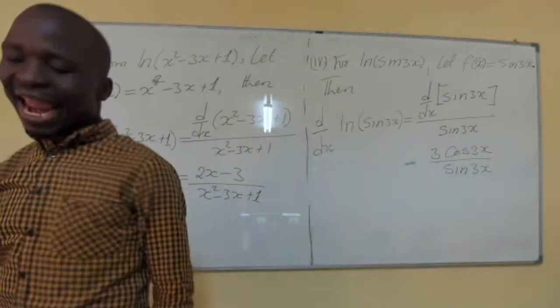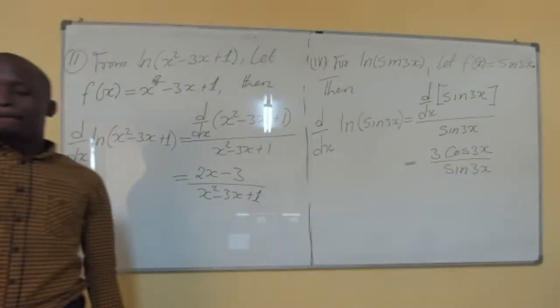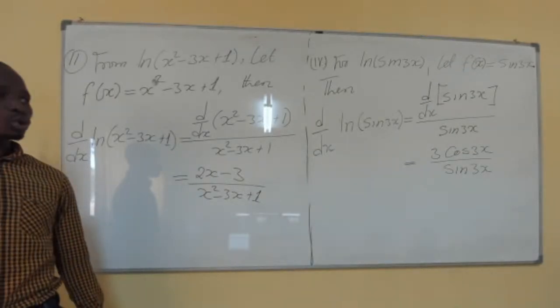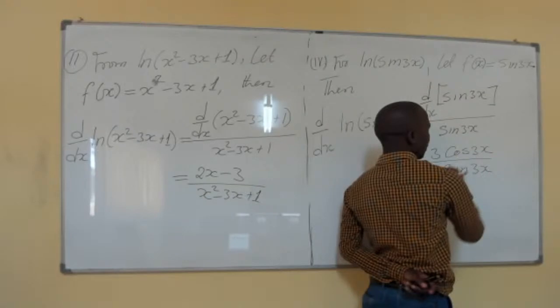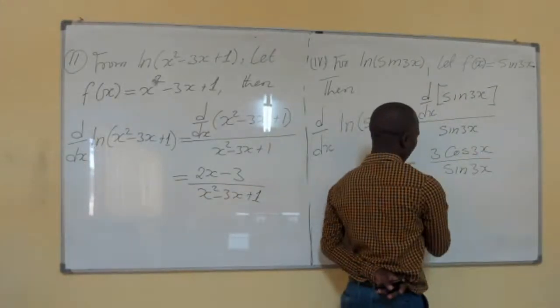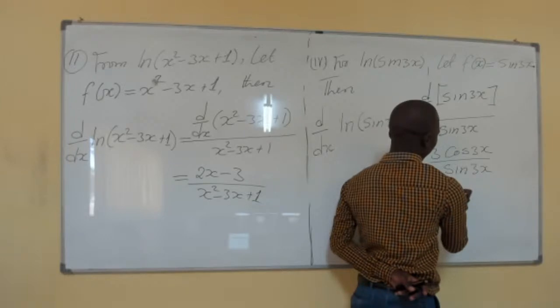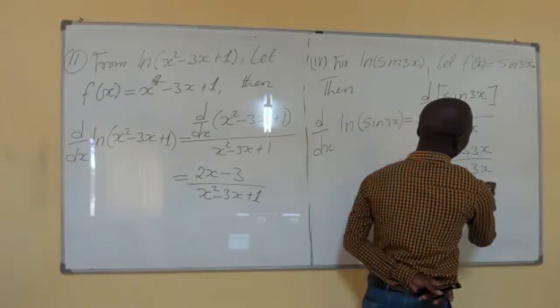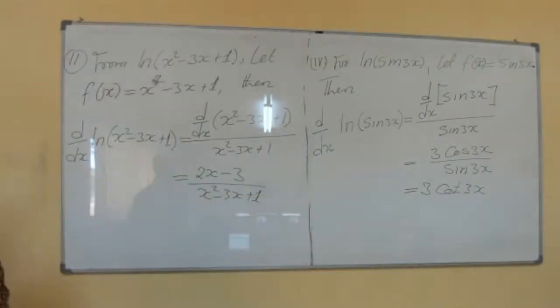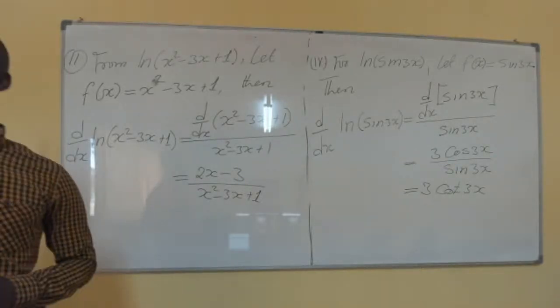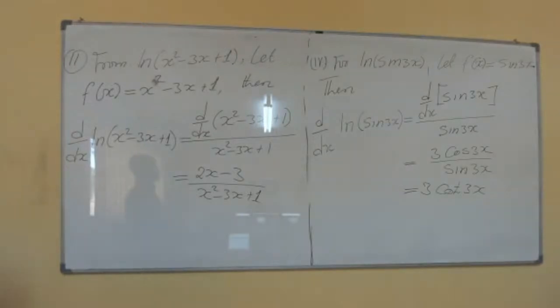Either you can end there, or you can go further. 3 cos 3x over sine 3x gives us 3 cot 3x, the reciprocal of the tangent function, because cot theta is equal to cos theta divided by the sine of theta.